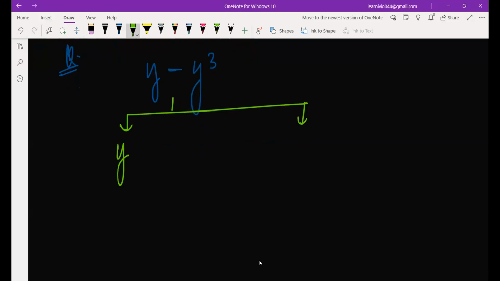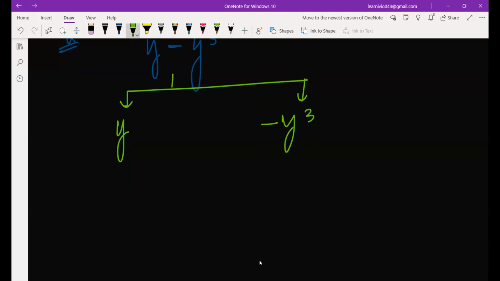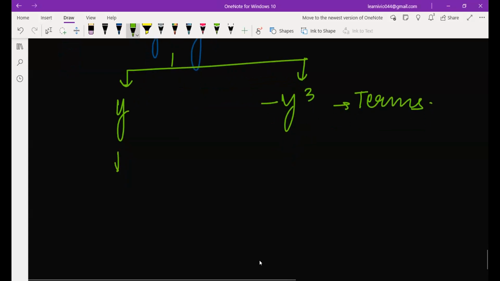I told you before also, Y cube. Okay, now tell me, do you understand the terms are Y and minus Y cube? Tell me the factors. The factors I'm talking about. Here the factor is Y only. What are the factors over here? Minus Y and 3.